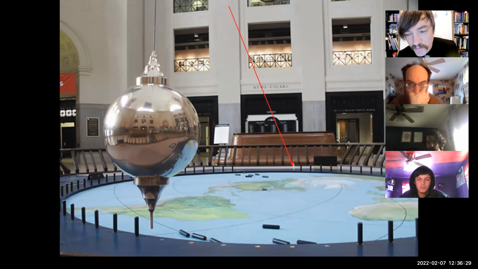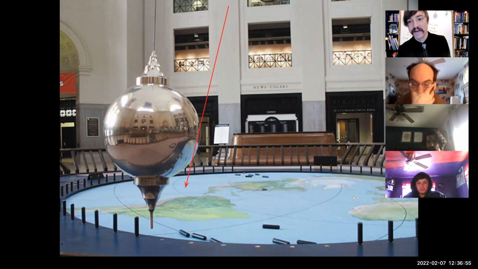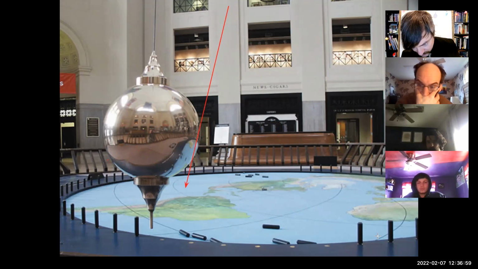If you actually perform this experiment, what happens is that over the course of 24 hours, as Earth is spinning, it changes the orientation axis of the pendulum, and it slowly swings through a 360-degree circle and knocks over most of the pegs in the circular orbit. And the only way to explain this is that if Earth spins on its axis, it imparts some sideways forces, some Coriolis forces to the pendulum.